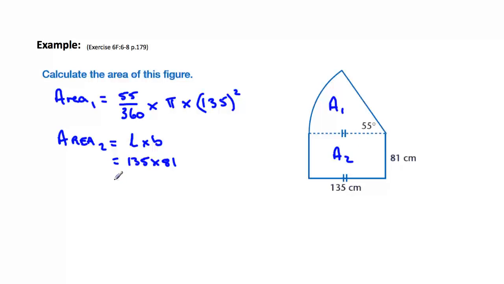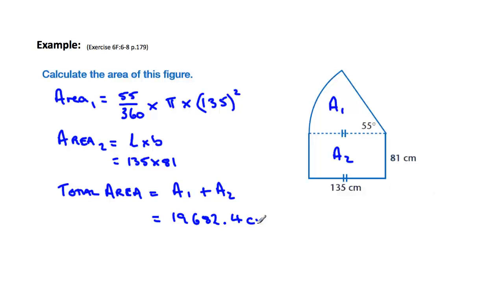So when we put all this together, we would get our total area equals area 1 plus area 2, and I'm just going to write that in and get you to double check it. So we get 19,682.4 centimetres squared, and that's to 1 decimal place.